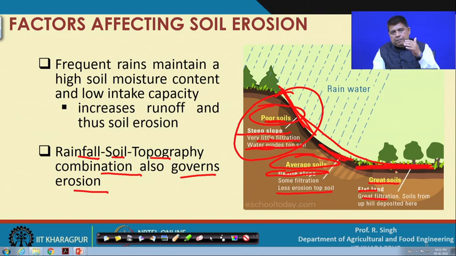That means there will be much lesser overland flow, much lesser runoff getting generated. Also, because there is vegetation here, whatever soil gets eroded and transported will be arrested by the vegetation cover here, and that means most of the soil will get deposited at this place.